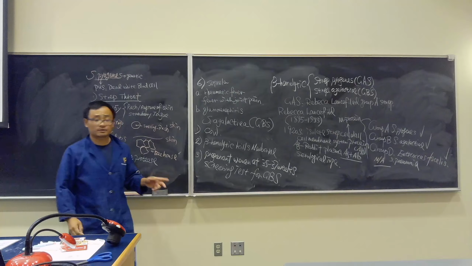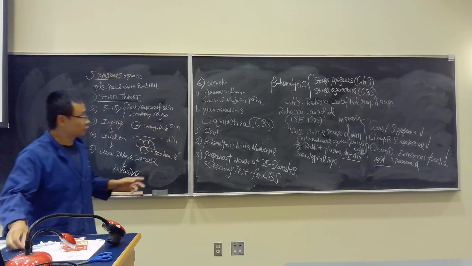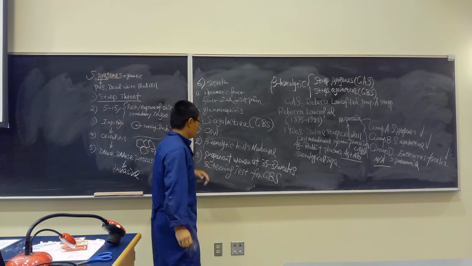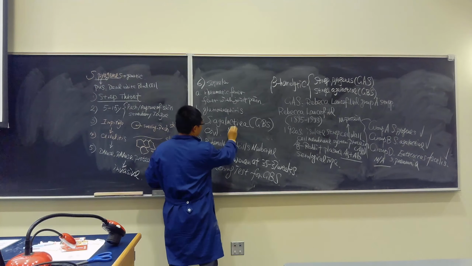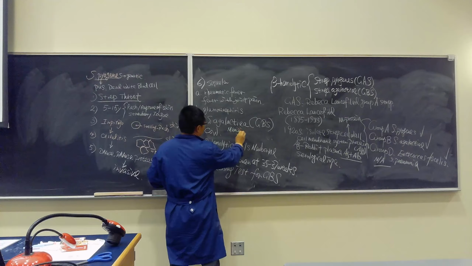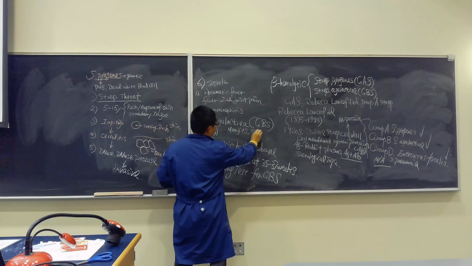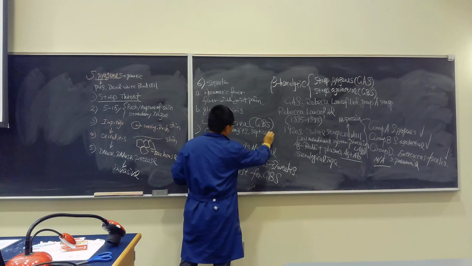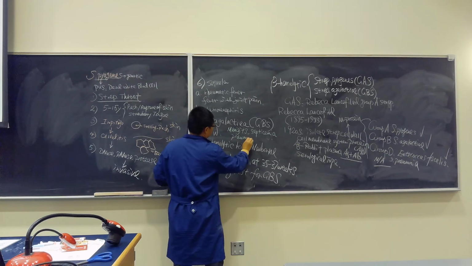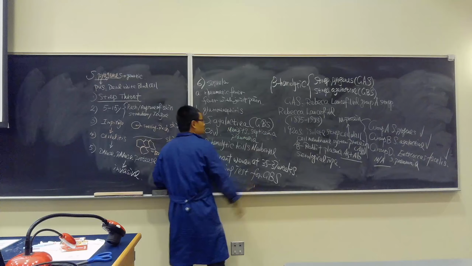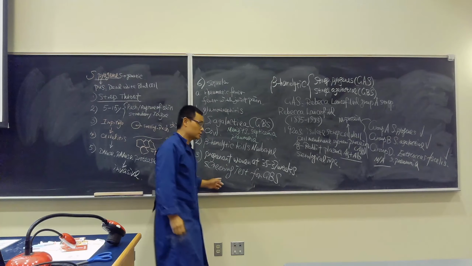And they have to do something. If they don't do it, what happens? The newborn will have meningitis, could have septicemia, and could have pneumonia. So, in the United States, this shouldn't be a problem.